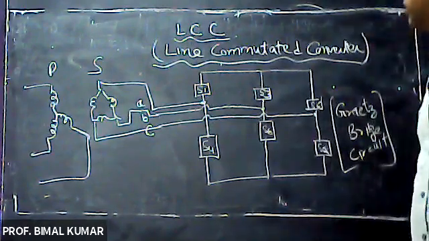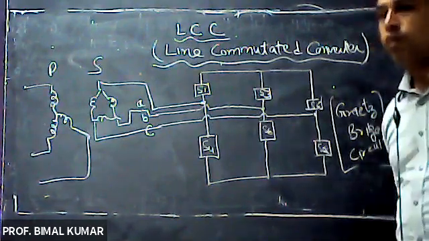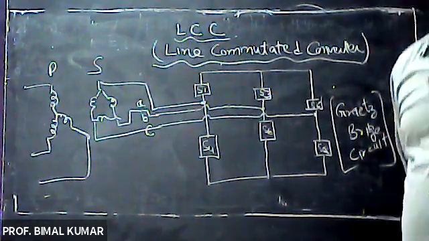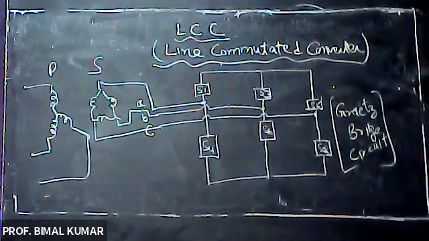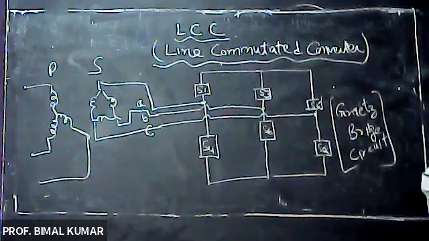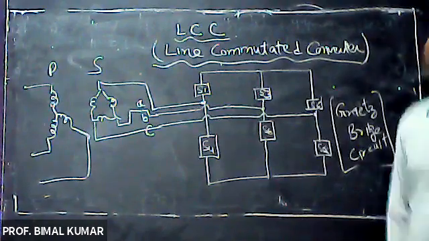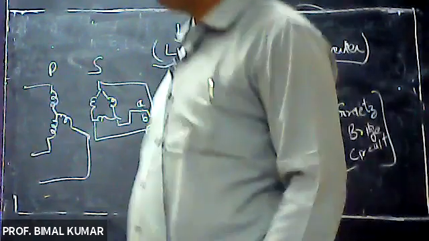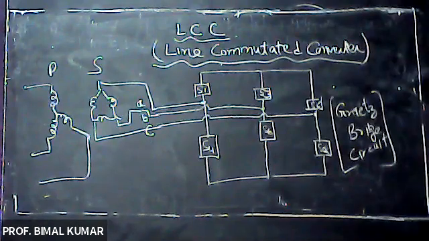And see here, the secondary side of the transformer is directly connected with the Graetz bridge, right? So this is the reason why we are not replacing this ordinary three-phase transformer with an auto transformer, because in an auto transformer there is a single winding and we are not able to provide galvanic separation between the AC and DC side.